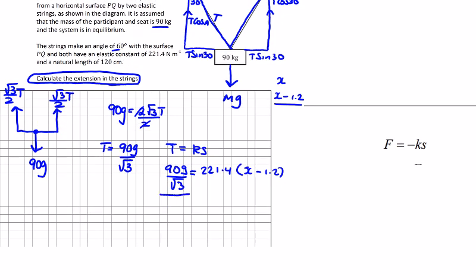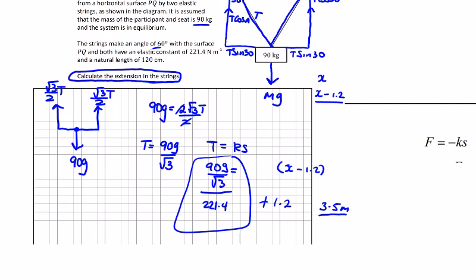If I divide by 221.4, I'll get x minus 1.2, and it's on the other side, so I need to add 1.2. My calculator is giving me 3.500, so 3.5 meters for the extension in the string.